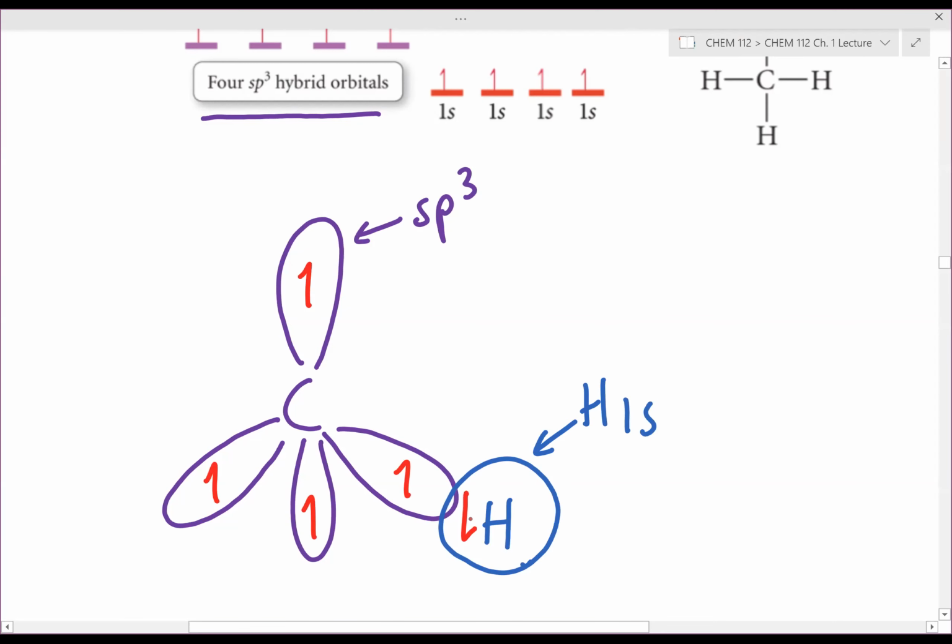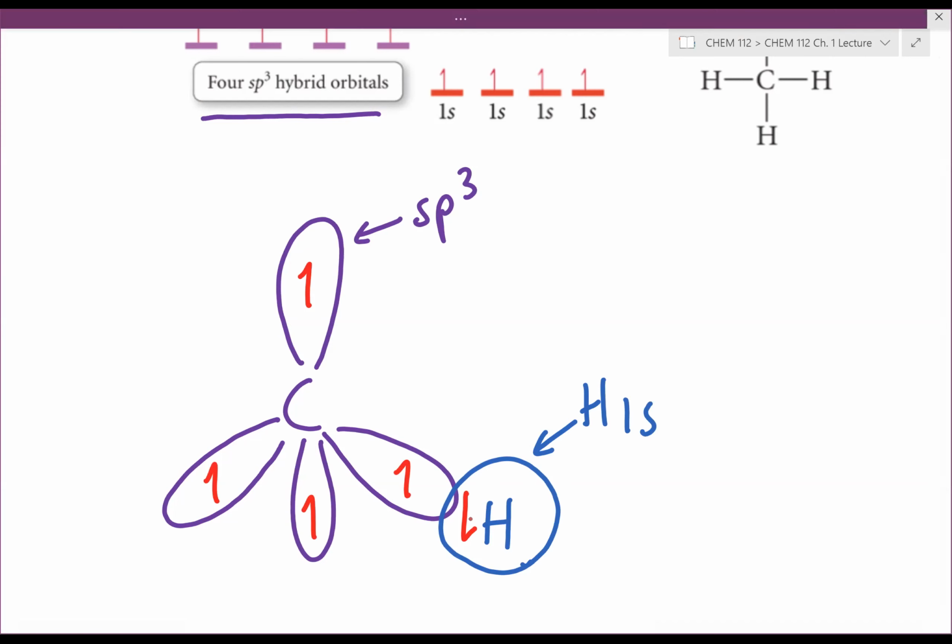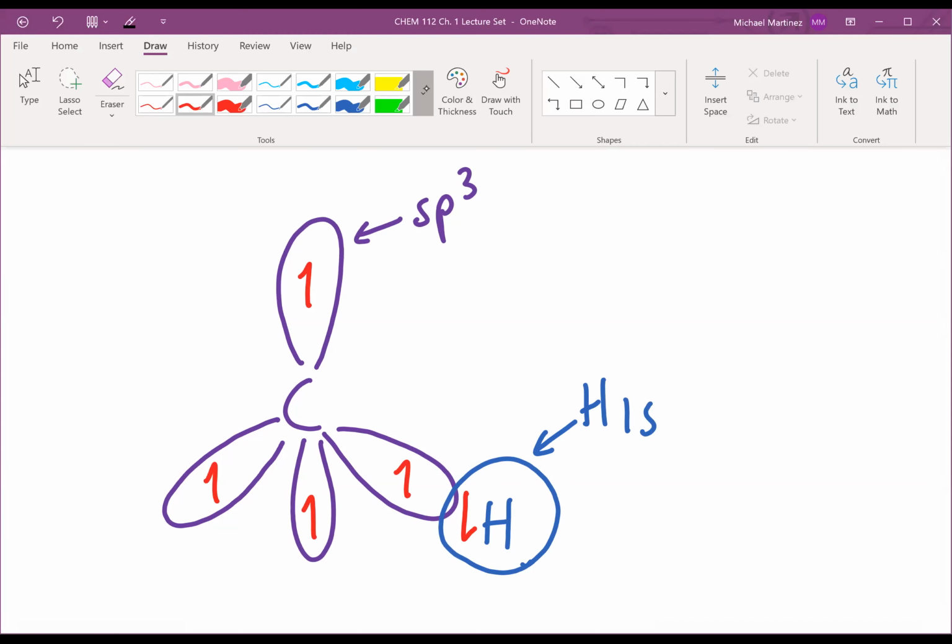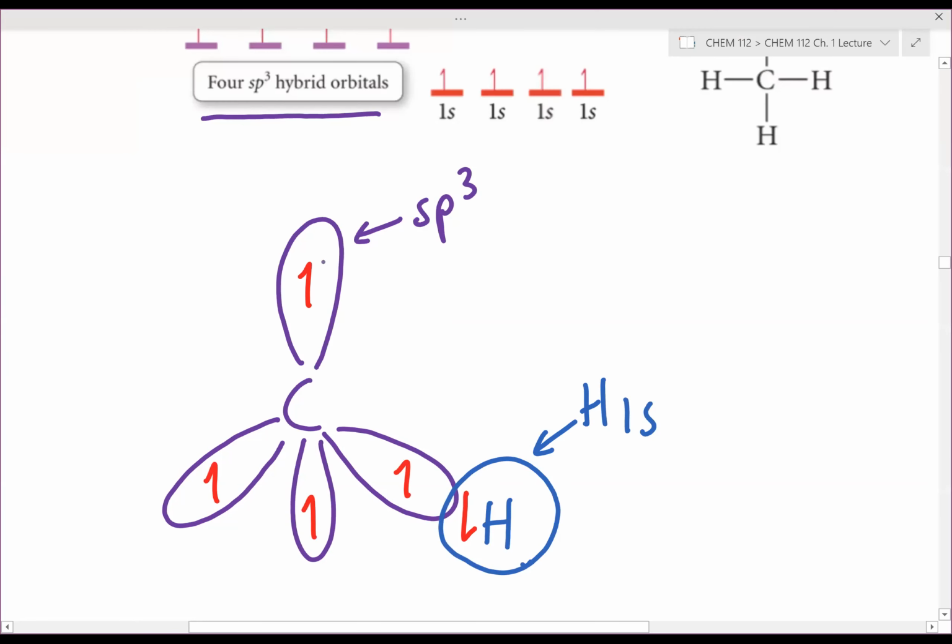Now, we can overlap this sp3 orbital from carbon and the hydrogen 1s orbital to form a bond. And we describe this bond, since it's this orbital overlap along the bond axis. Is it a sigma or a pi bond? Sigma, exactly.